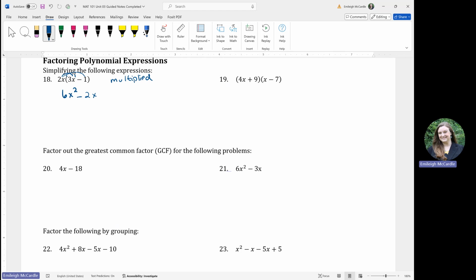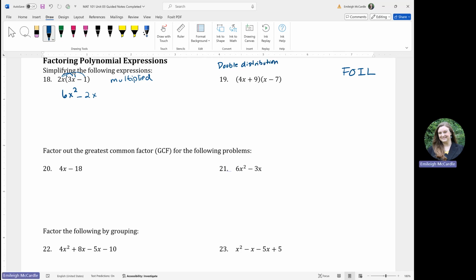Let's come over here to 19. 19 can be worked a variety of different ways. If you want to do FOIL method, that's fine. If you want to do box method or area method, I'm fine with that. But I do want to show you a specific method today because it helps us with what we're going to do here in a little bit. And that is double distribution. So we're going to use double distribution on this.